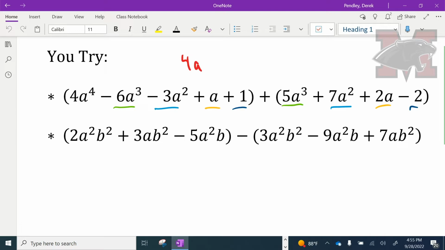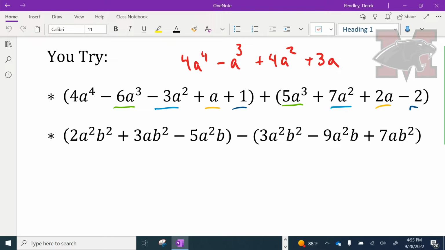And then I have negative 6 plus 5 gives me negative a cubed. I have negative 3 plus 7 gives me positive 4a squared. And then 1 plus 2 gives me 3a.